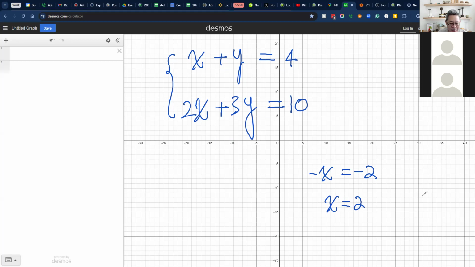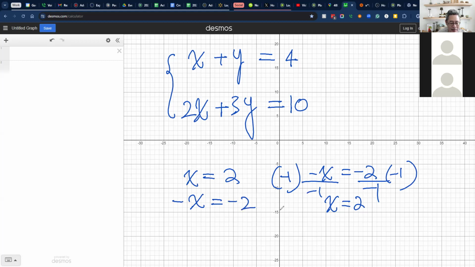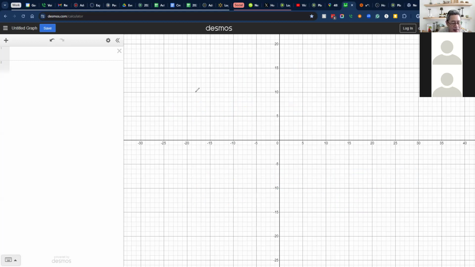So basically divide by -1 on both sides, right? Yep. Or you times -1 on both sides. It really doesn't matter. But this side becomes x, that becomes 2. Or you can think of it as, if x is 2, what is -x? That would be -2, right? Yep. Okay, very good.